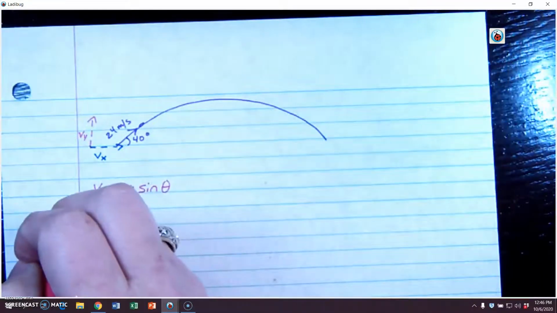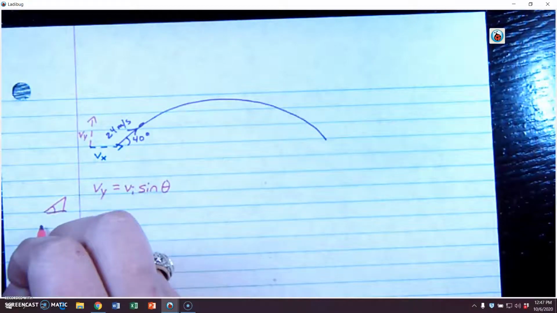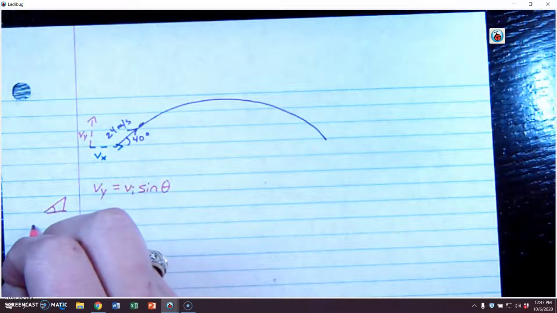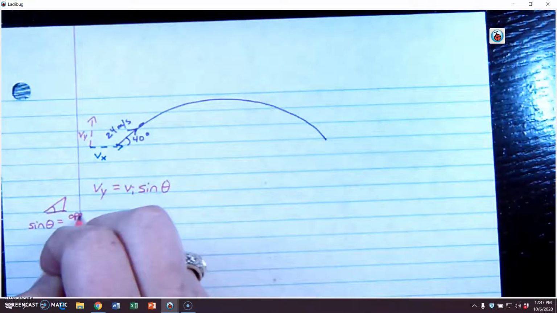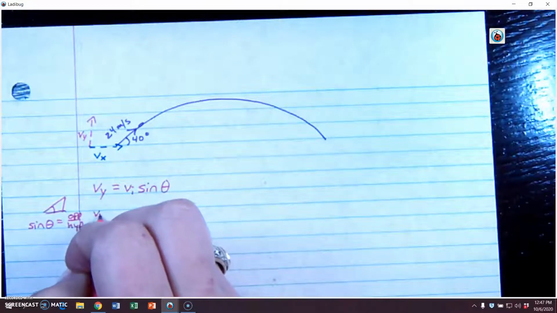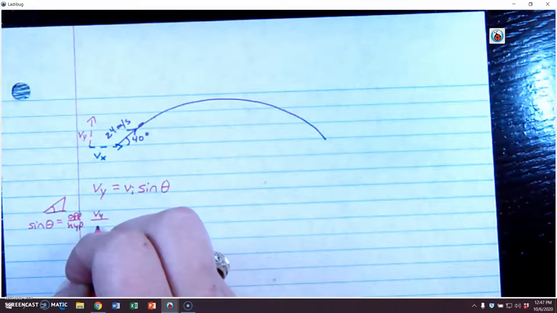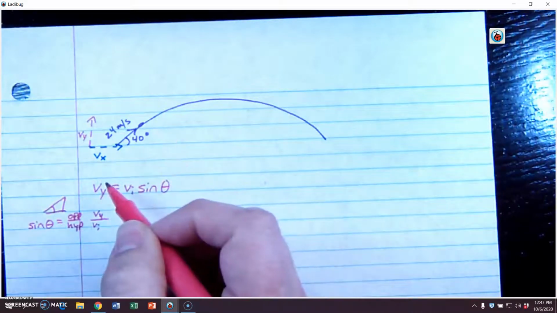Okay, and the way that I got that, here's our angle of interest. The sine of my angle is equal to the opposite side over the hypotenuse. Opposite in this case is Vy, and the hypotenuse is my plain old initial velocity, that's 24.